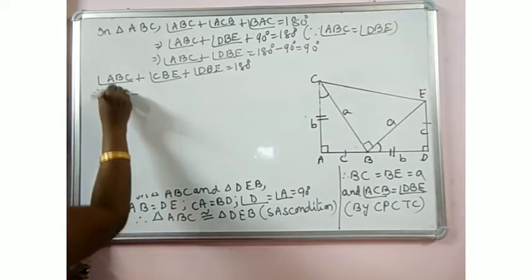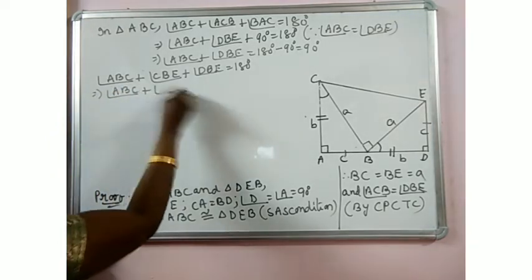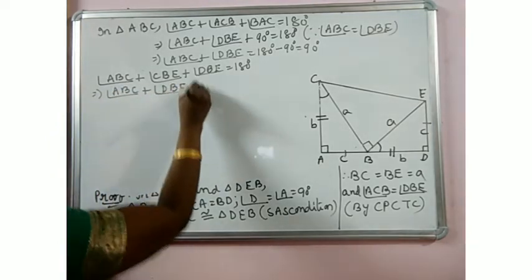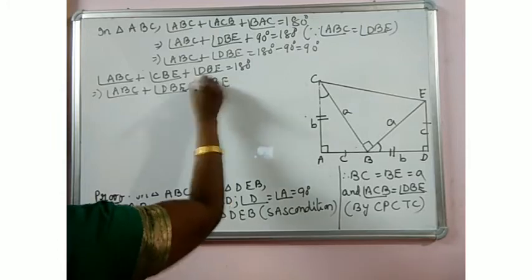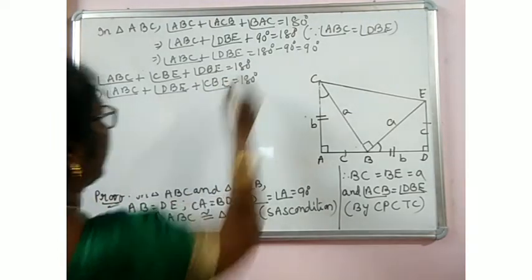That implies angle ABC plus angle DBE plus angle CBE is equal to 180 degree.